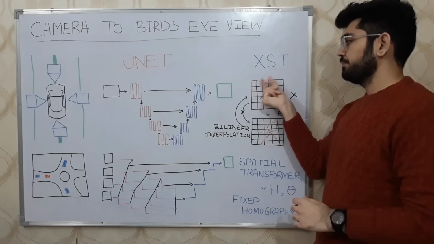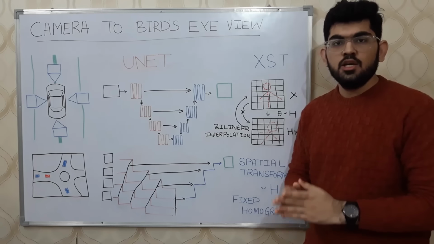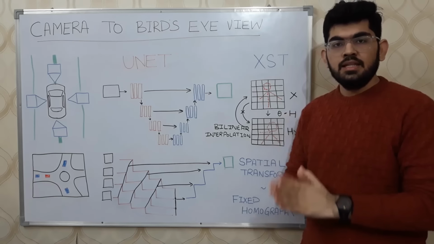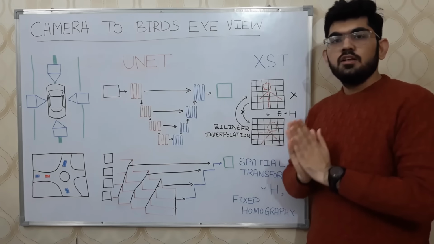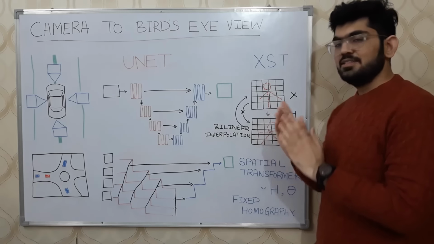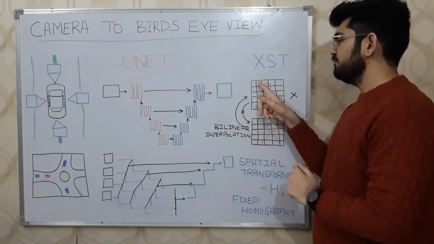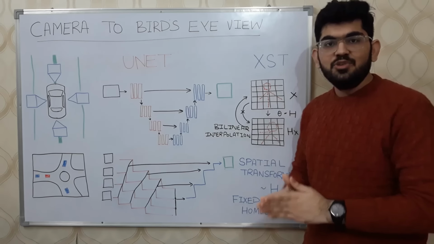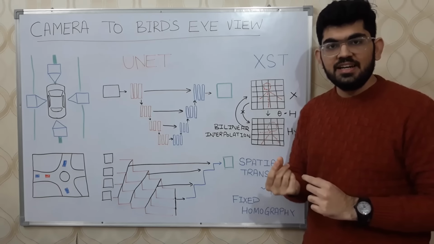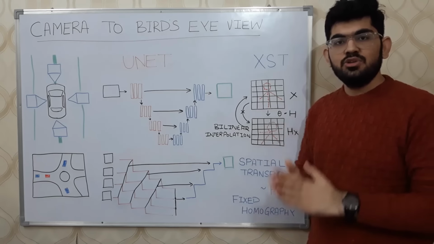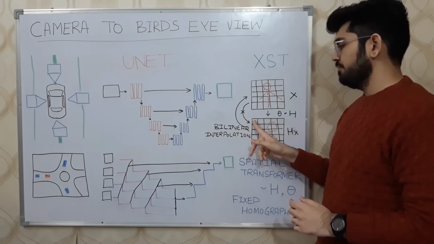We calculate an average of the surrounding pixels in the input image. For instance, this pixel is going to map to these 4 surrounding pixels. Hence, we calculate their weighted average pixel values to derive the value of this pixel.